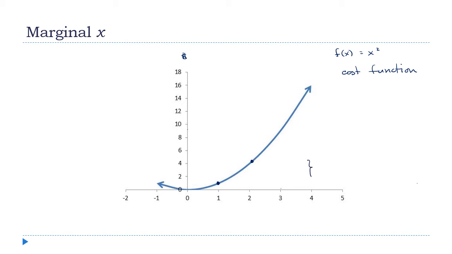Now, here's what I'm going to do. You want this to be a calculus thing, right? I'm going to draw the tangent line at this point. And here's what I want you to notice: this distance here, this delta y, is really close to this distance here.